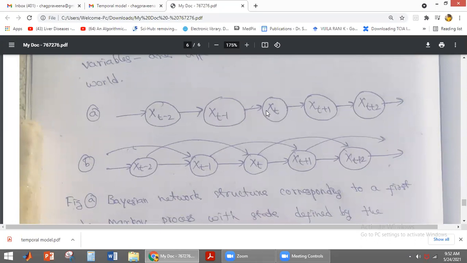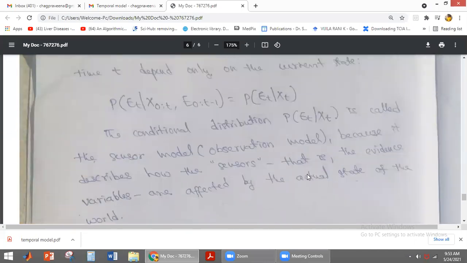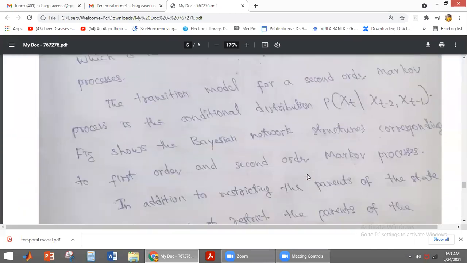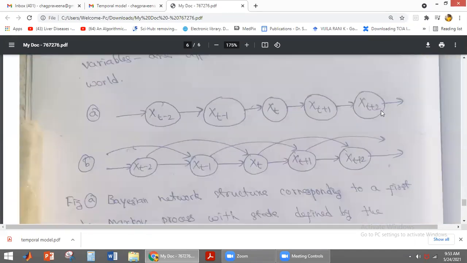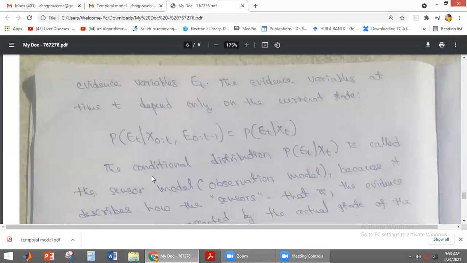Figure A represents the first order Markov process. Figure B represents the second order Markov process. This way of representation is called the transition model. This is the transition model for the first order Markov process, and this is the transition model for the second order Markov process.